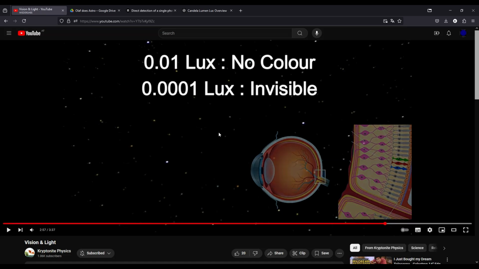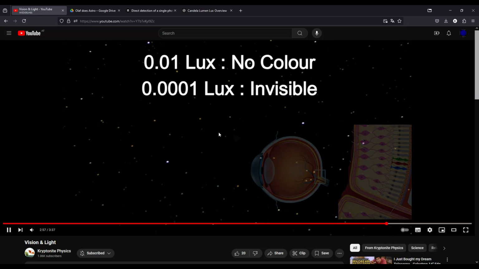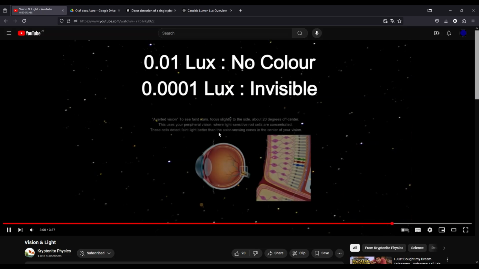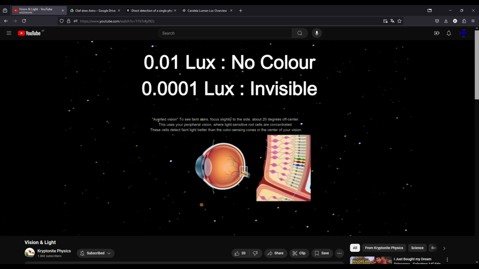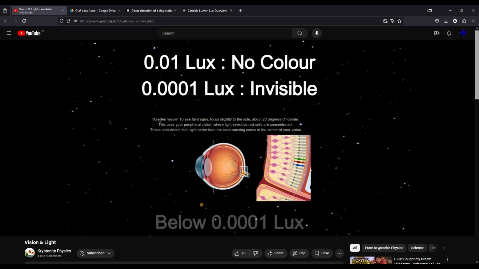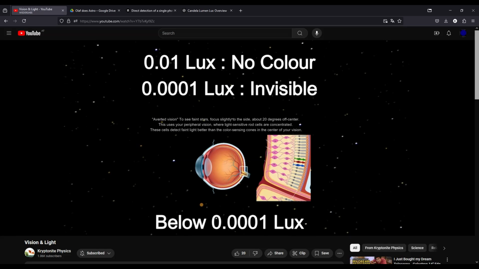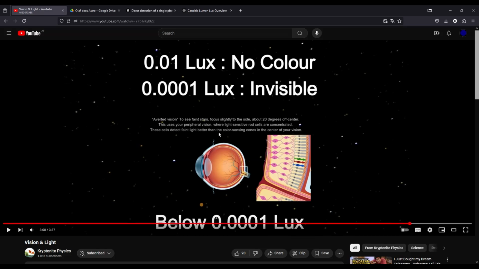That is also incorrect for the reasons that we've just talked about. 3rd point. Only in your peripheral vision can your eyes detect light levels below 0.0001 lux. Whilst that is also not true, it is true that in peripheral vision you can see things that are a little fainter, a little less bright than at the center of your vision.